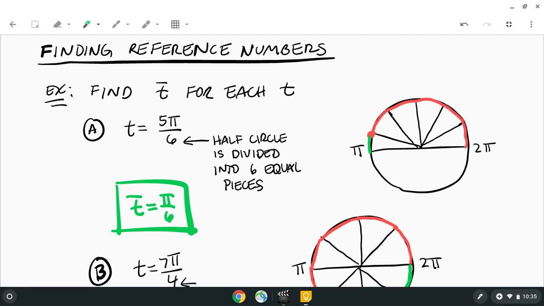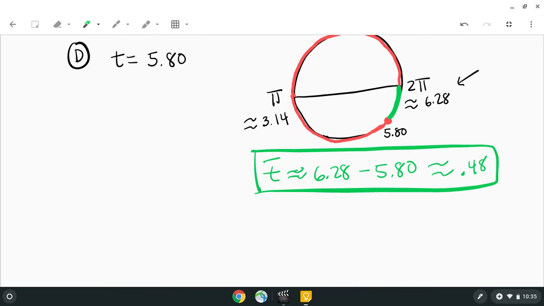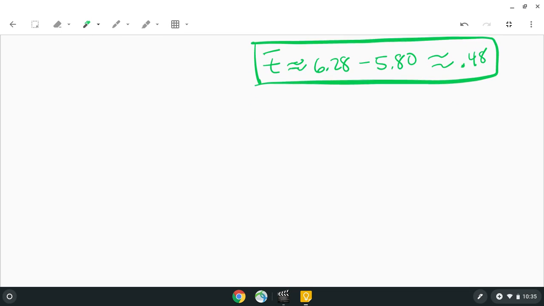When they ask you to find the X and Y that's associated with the reference number, whatever t value they give you, it's probably going to have a reference number of something on your chart. That's the only way you would be able to know the X and Y value until we start showing you how to do all the trig.